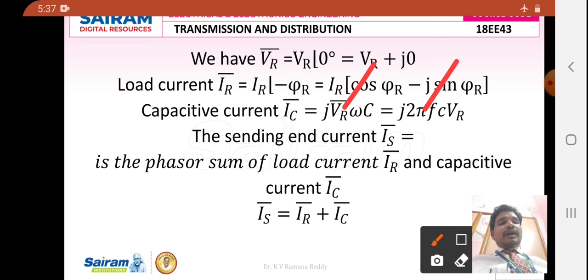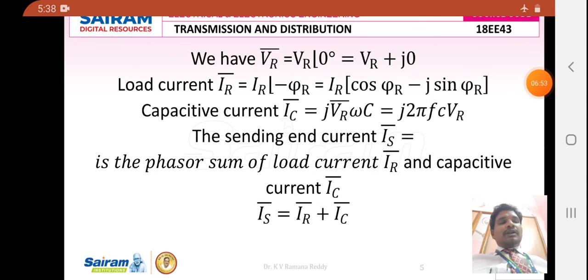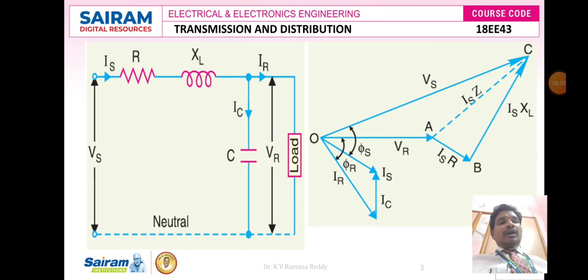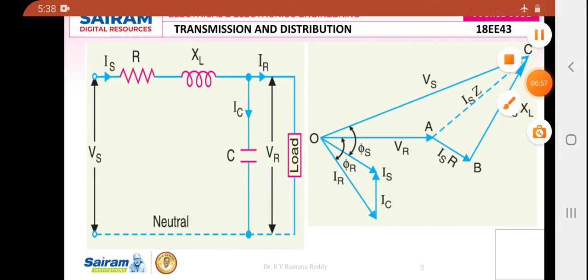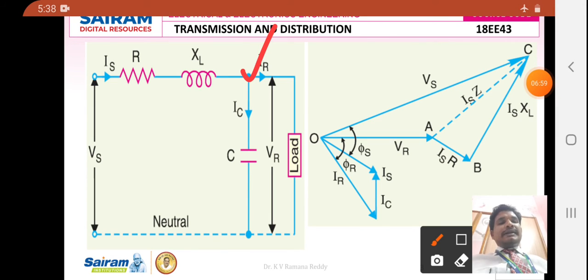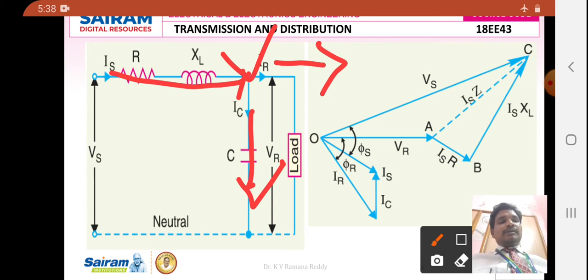Therefore, the sending end current IS bar is equal to the algebraic sum of the remaining two currents, IR bar and IC bar. We wrote this equation by applying Kirchhoff's current law at this node. The sending end current IS is the algebraic sum of the two leaving currents, IC and IR.